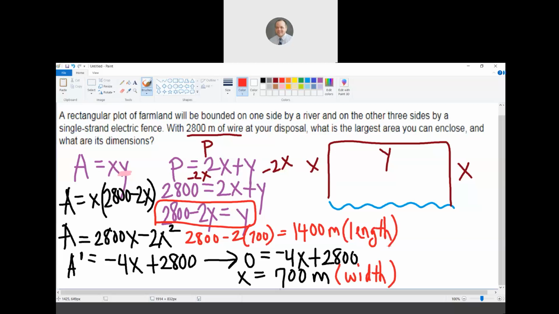The last thing we need to find is the largest area. So just multiply 1,400 by 700.